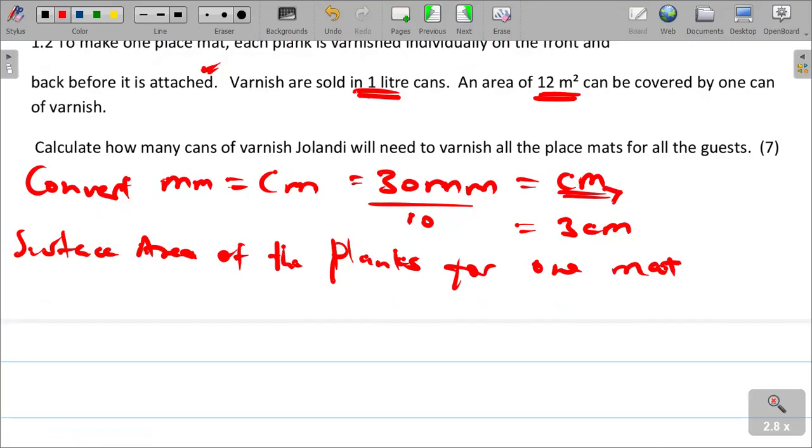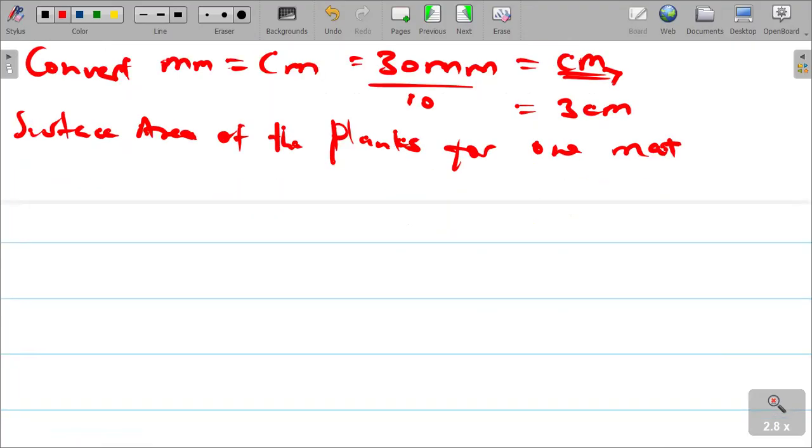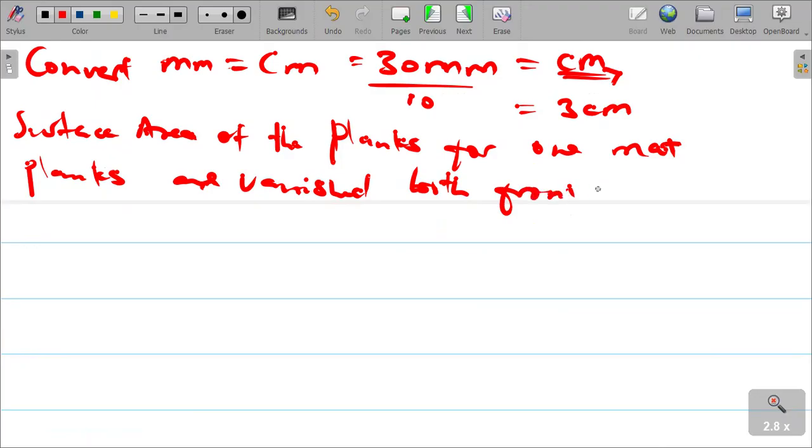It is given in the question that these planks are varnished, painted, both front and back, before they are used.